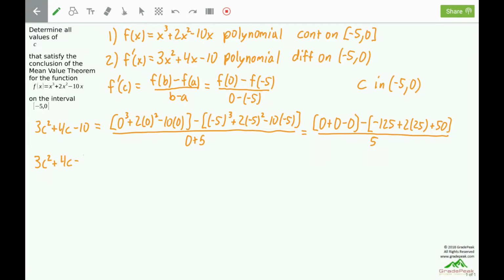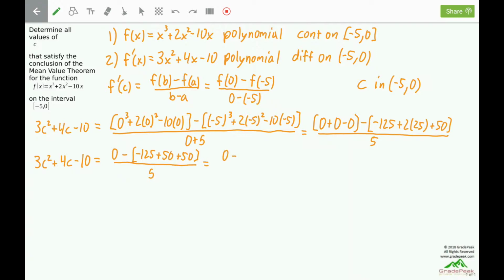3c squared plus 4c minus 10 equals 0 plus 0 minus 0 is just a 0, and then minus negative 125 plus 2 times 25, which is a 50, plus a 50, all divided by 5.